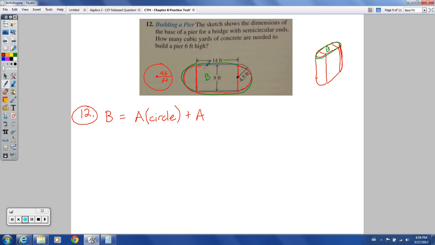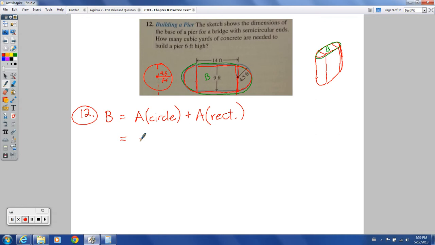Then I'll multiply that by the height to get how many cubic yards of concrete I'll need. It does say cubic yards, and my dimensions are given in feet, so I'll have to consider that at the end.